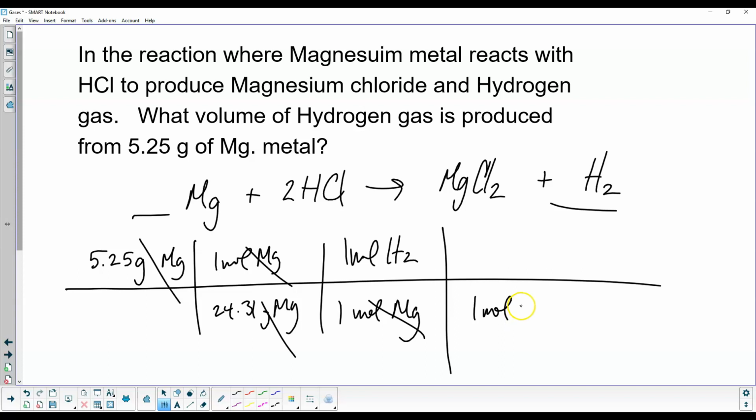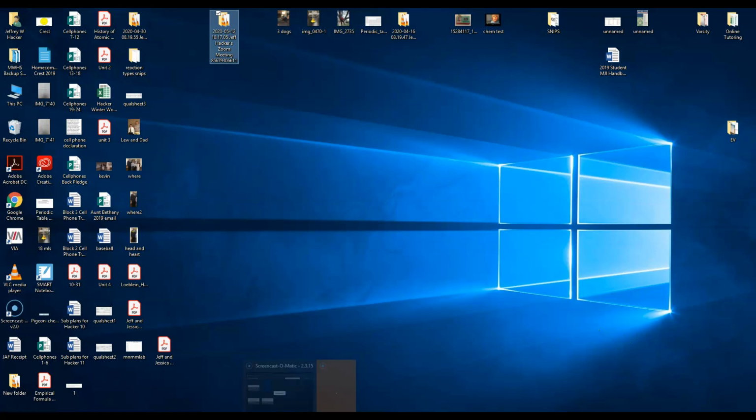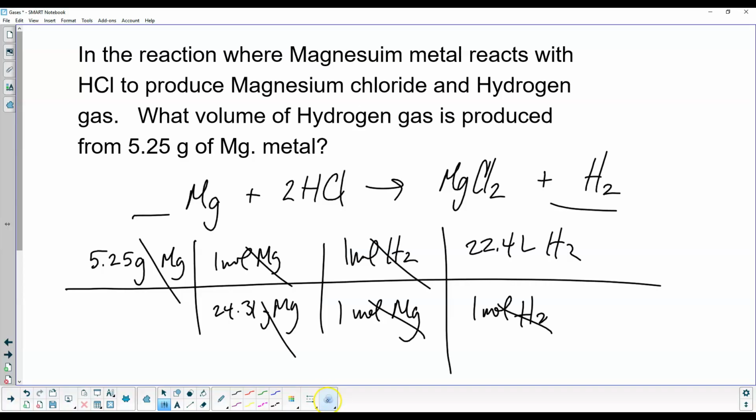Just like anything, 1 mole of hydrogen gas is 22.4 liters of hydrogen. Moles cancel. 5.25 times 22.4 divided by 24.3. You're going to have 3 sig figs in your answer. 4.84 liters of hydrogen. And that's basically it. So I'll give you guys some to practice.